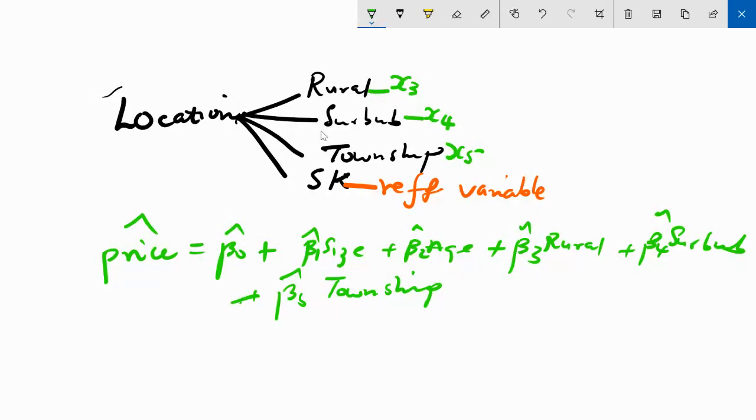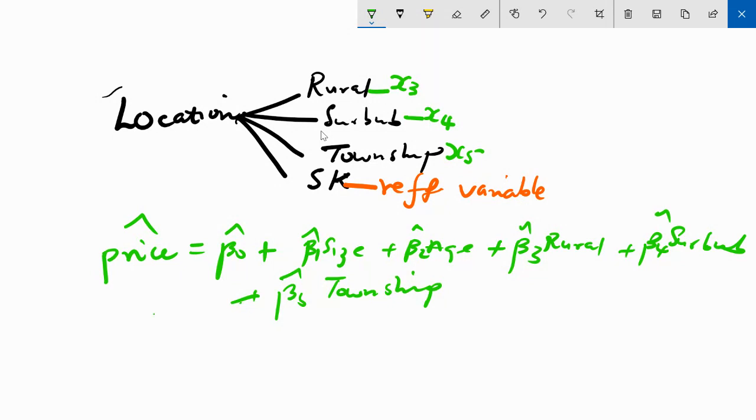You see, if you can check from B3, I didn't include SK. Which means now your data set is affected. What is going to happen now?